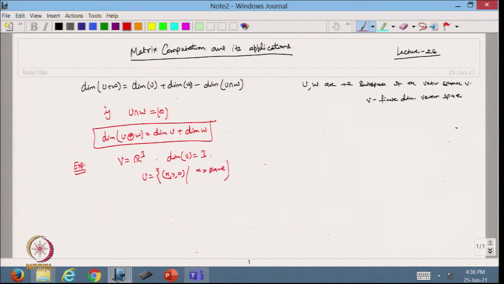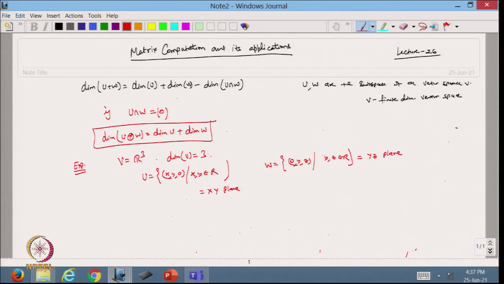I can take another subspace W as (0, y, z), with y and z in the real line, which is the yz plane.